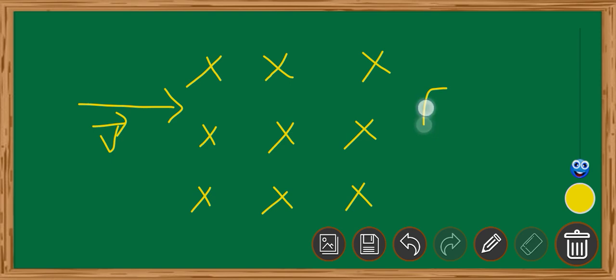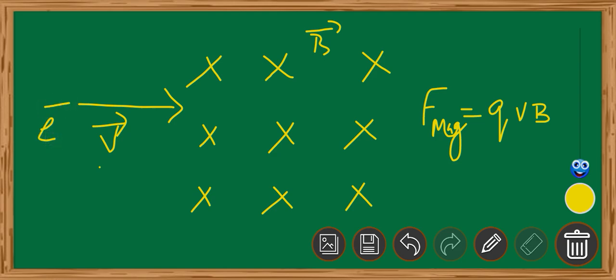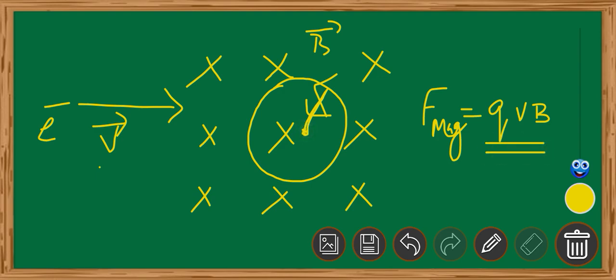Okay, so we have this equation to find the magnetic force, that is F magnetic equal to Q into V cross B. Here it will be Q V B sine 90, since the V vector and B vector are perpendicular to each other, that is Q V B. And once this charge, that is the electron, enters this magnetic field, it will perform circular motion, because this magnetic force, that is QVB, provides the suitable centripetal force required to maintain that circular motion.